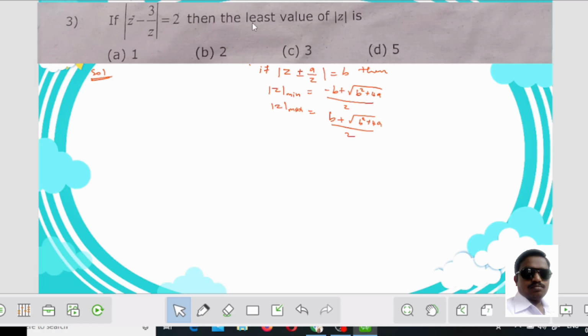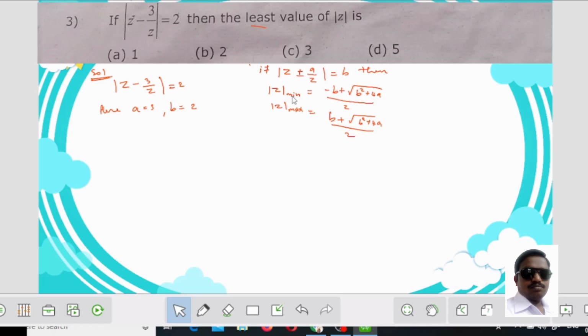Here they are asking you to find the least value, so the minimum value. From the problem, they are giving modulus of z minus 3 by z equal to 2. Here a equal to 3, b equal to 2.